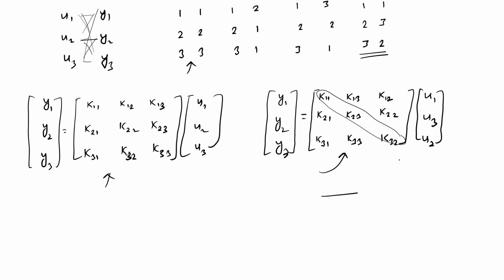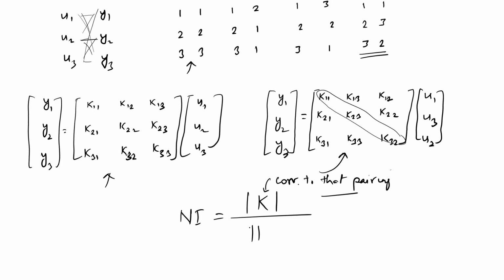To clarify, you calculate the Niederlinsky index as the determinant of the matrix K corresponding to that pairing, divided by the product of kii, also corresponding to that pairing.